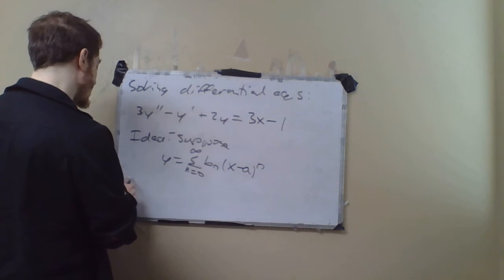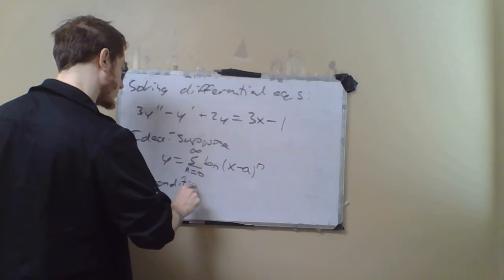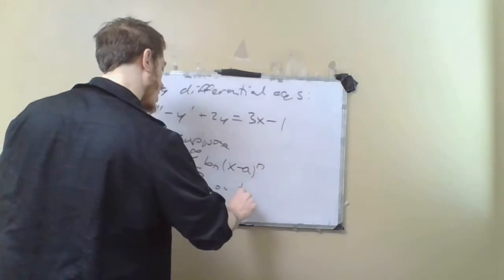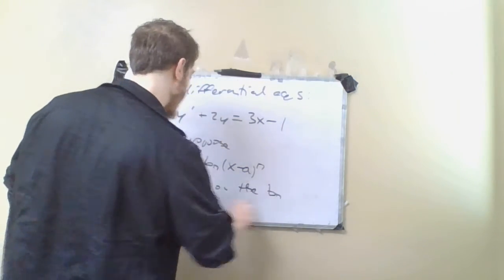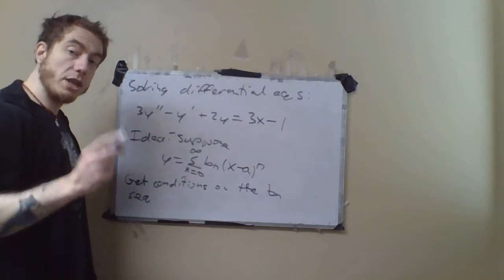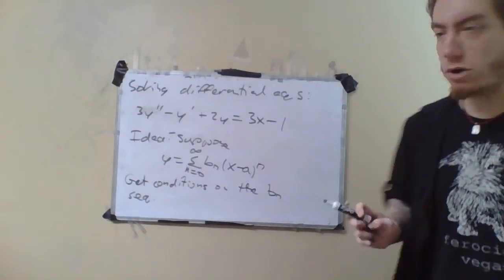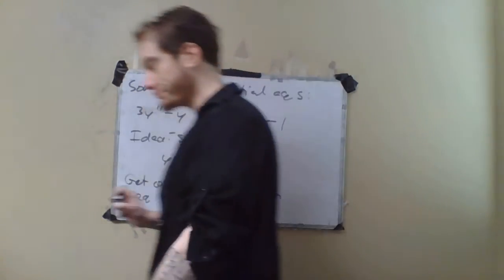Well, when you do this, we get conditions on the b sub n sequence. And what you do is you hope that you can then understand what goes on with this sequence.